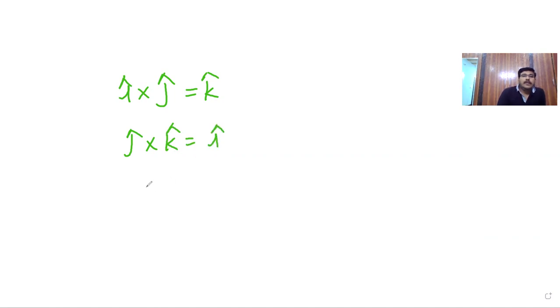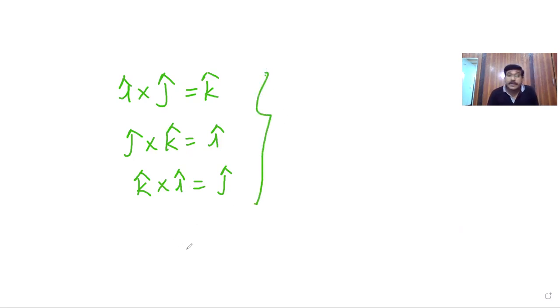And K bar cross I bar is equal to J bar. In clockwise direction, you can easily remember. I bar cross J bar is K bar, J bar cross K bar is I bar, K bar cross I bar is J bar. These are the generalized statements.